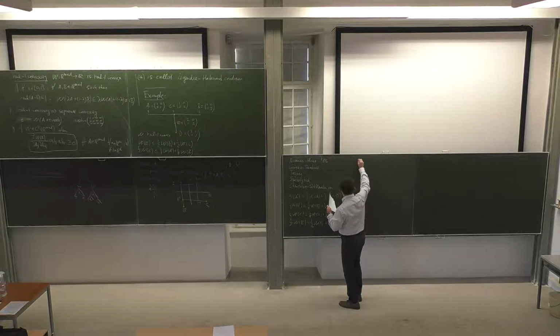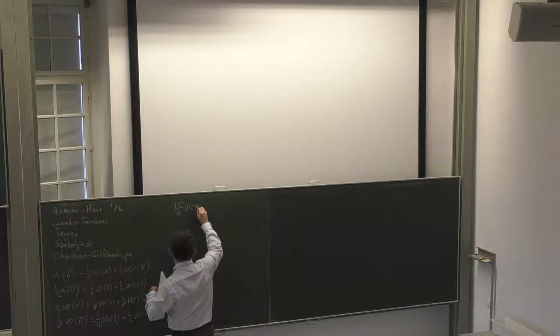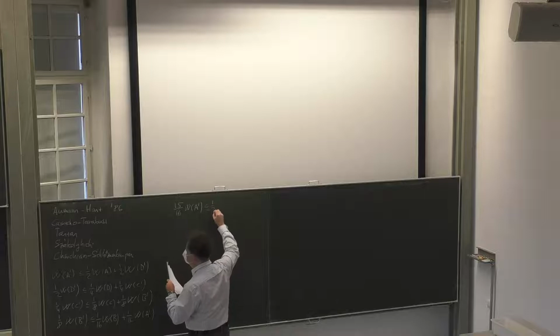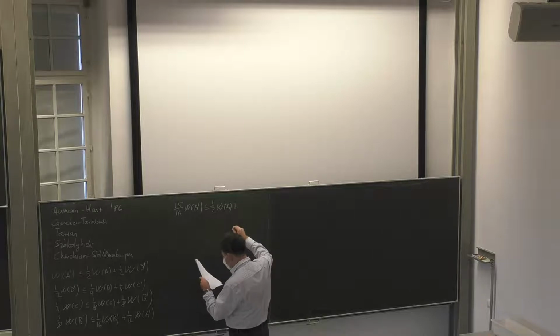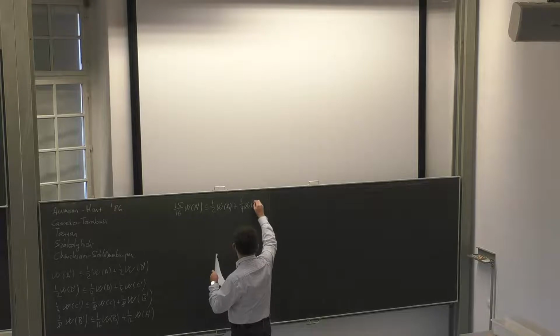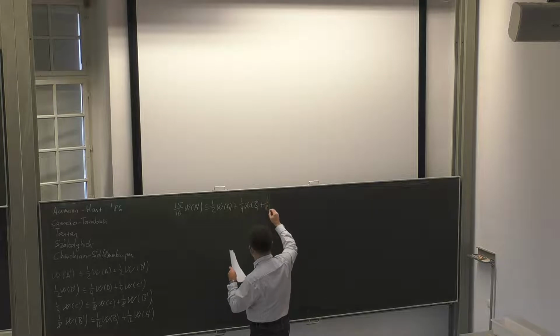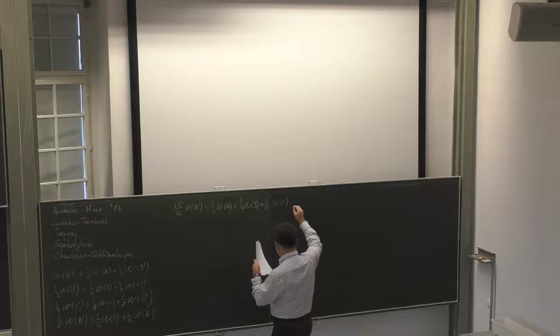So 15/16 of W at A prime is smaller or equal than 1/2 W of A plus, now it's really involved, 1/4 W of B plus 1/8 W of C plus 1/16 W of B.